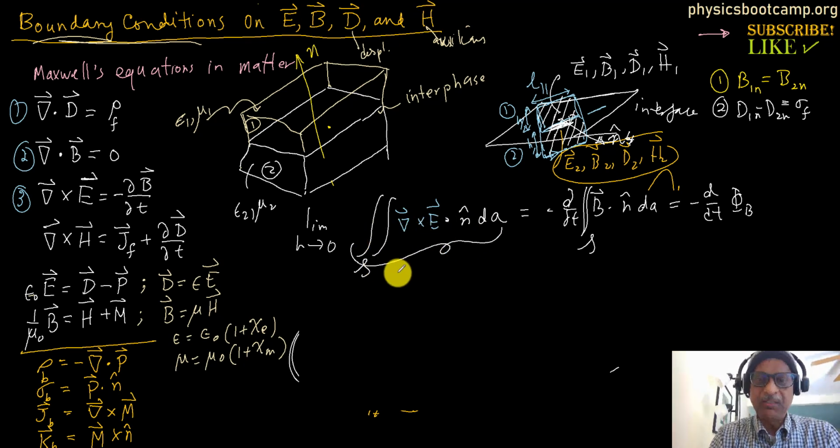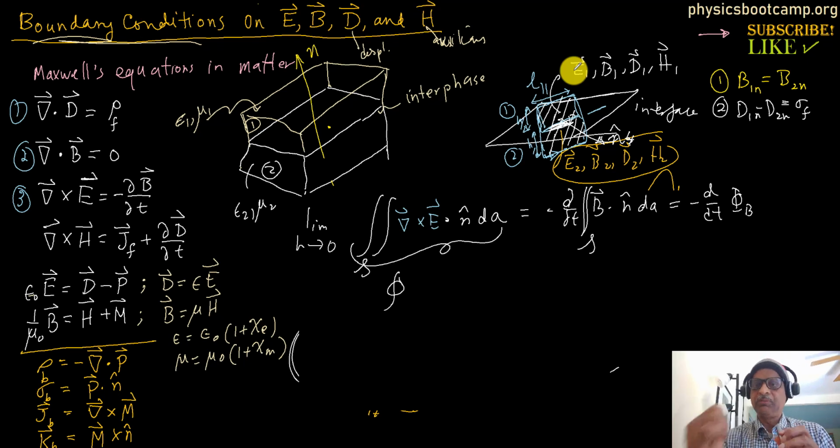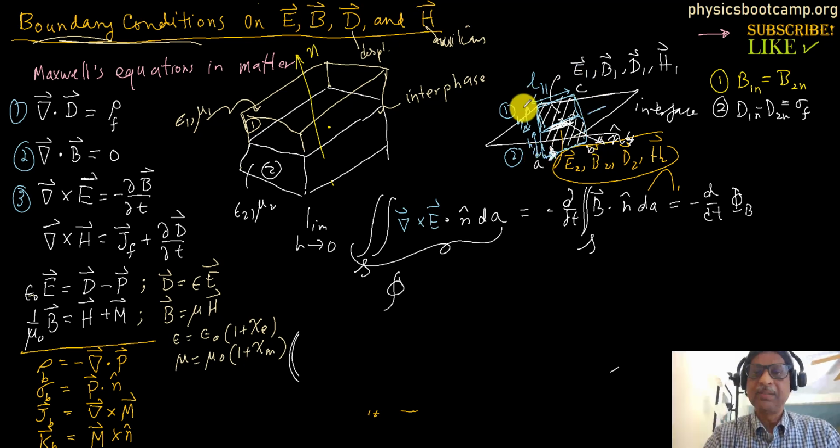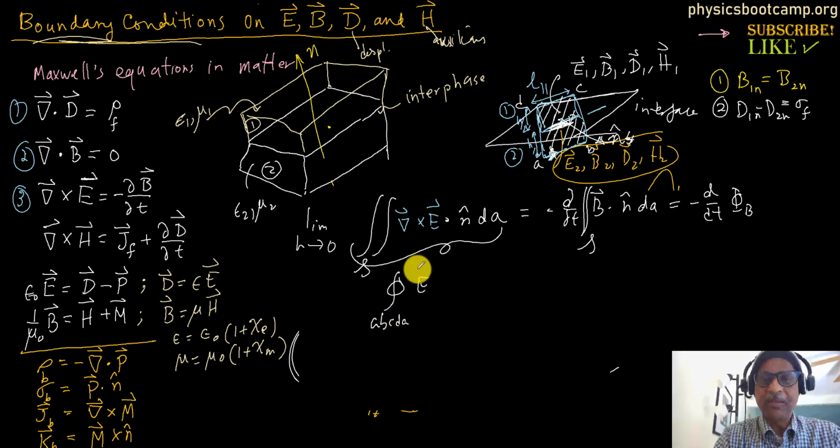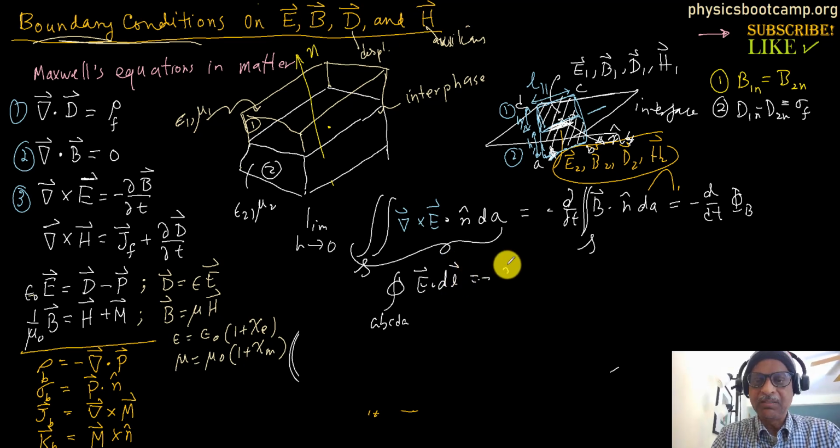Simply go around this loop, and I use the right-hand rule. If n is that way, then I go around in this way: A, B, C, D, and back to A. That gives E dot dl, and on the other side is minus d/dt.